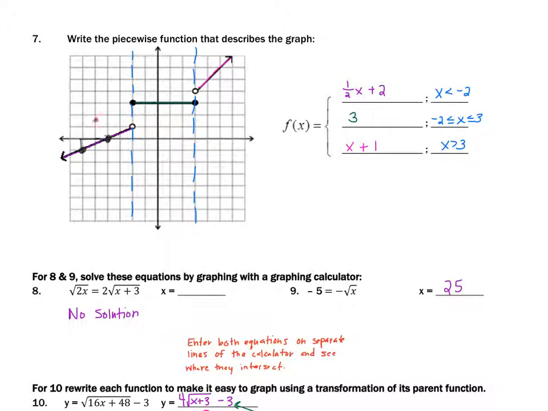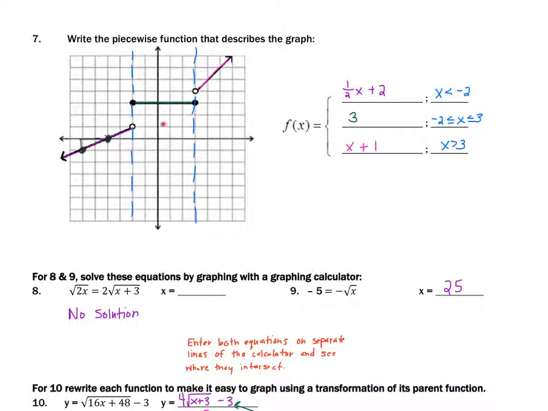This purple piece only exists left of that blue line, and left of the blue line are values less than -2. So that's why we get x less than -2. Since this has an open dot on this piece, we don't get the equal to part on that inequality.